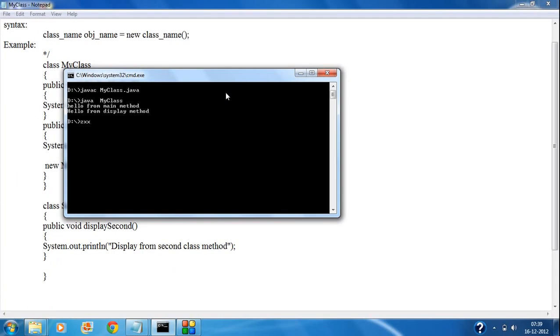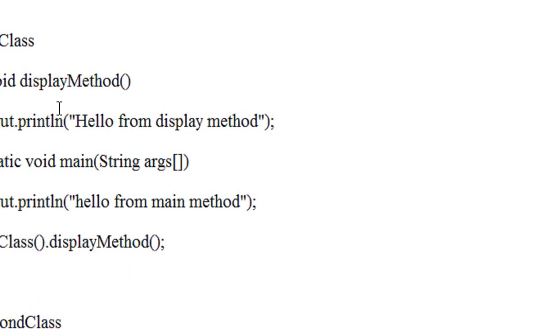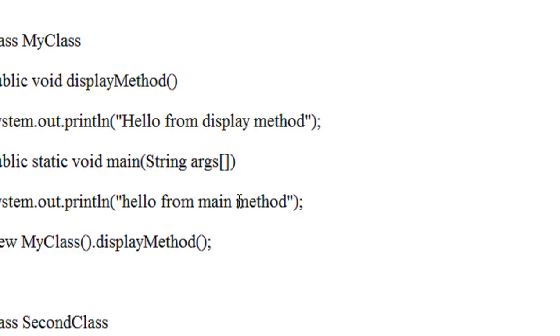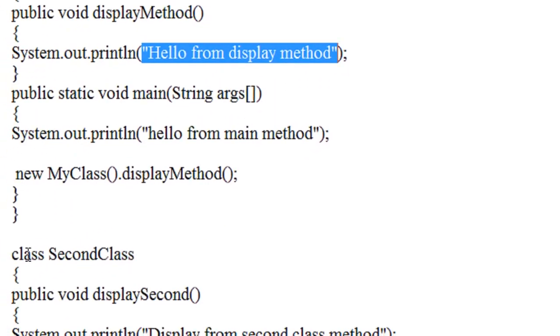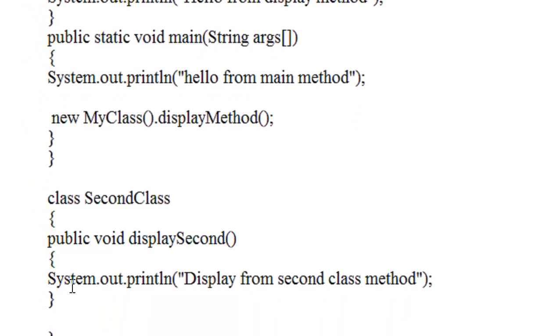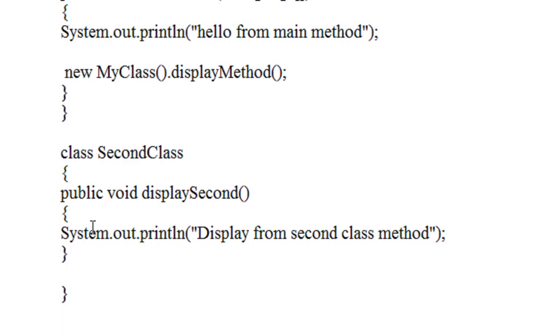You can see these two statements are printed from the main class itself. You can see a second class is present, but the display from second class method is not displayed on the output.